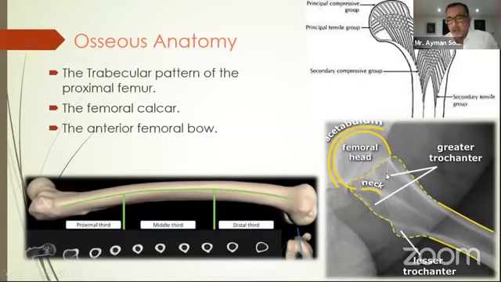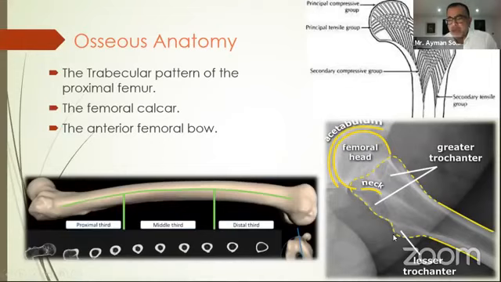What I'm trying to tell you in this is to bear in mind that the greater trochanter overhangs the neck of the femur more posteriorly than anteriorly. And this is very important when you are accessing the medullary cavity, creating your entry point. You have to take that into consideration. Otherwise, if you go straight in the center, you might be going too posterior in the neck of the femur and therefore end up too anteriorly.